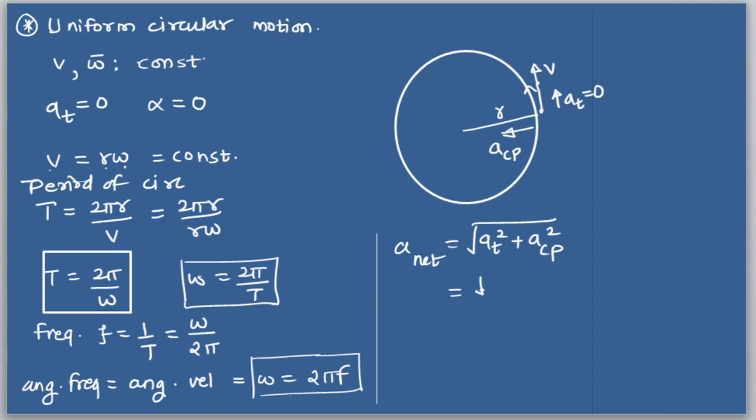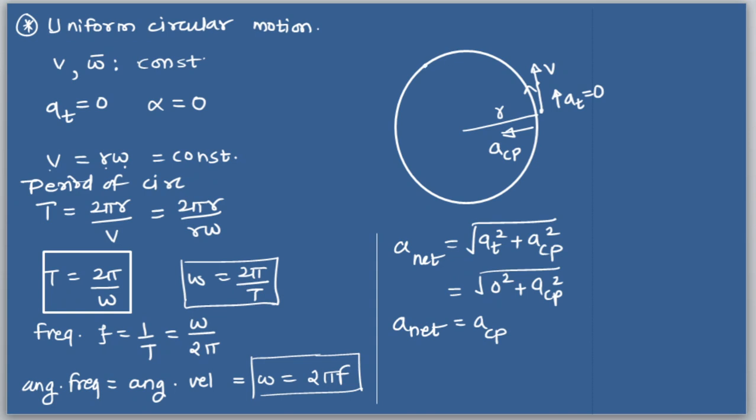Tangential acceleration is 0, so 0 squared plus centripetal acceleration squared. So the net acceleration in uniform circular motion is the centripetal acceleration, or you may call it radial acceleration, no issues. This is the only acceleration present in uniform circular motion.